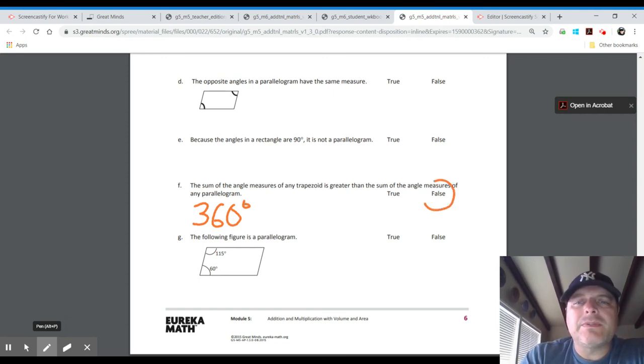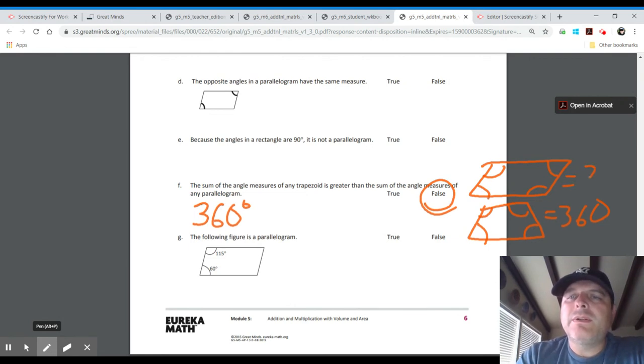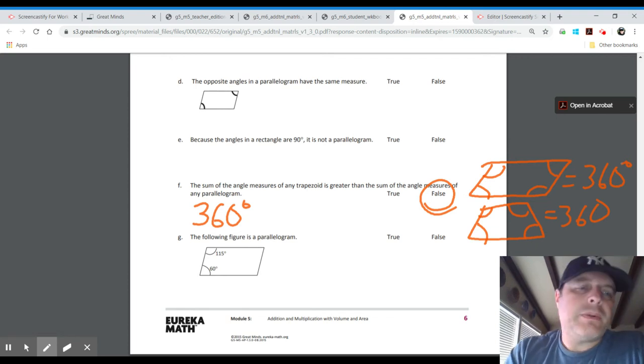If we took a parallelogram and a trapezoid, all the angles in here add up to 360 degrees, and all the angles in the other add up to 360 degrees too. So they're always going to be equal.